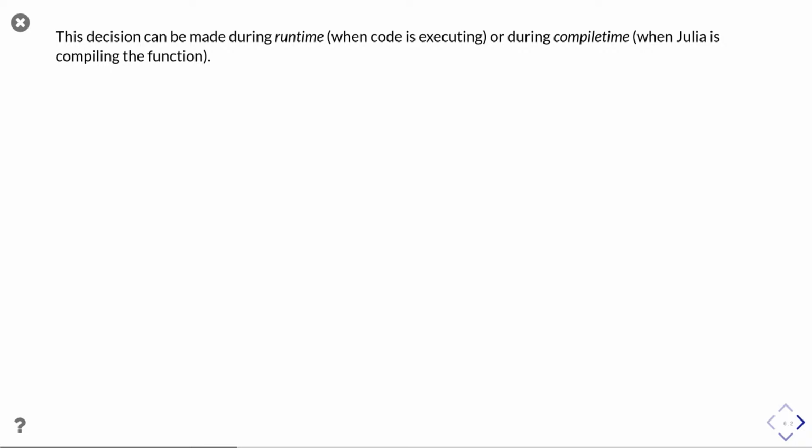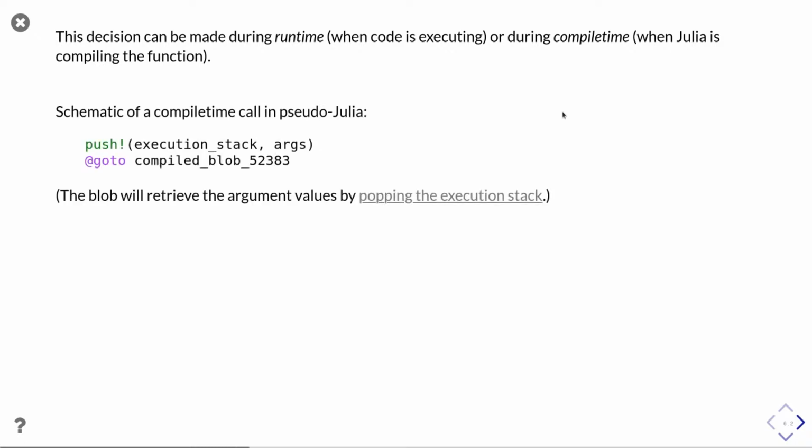And the process of deciding which method to call can be made at different times. And the extreme versions of this are either at runtime while your code is executing, or during compile time when Julia is compiling your function. And there's a certain sense in which the compiled version looks a little bit simpler. A schematic of how that process works in pseudo-Julia would be that it has to push the arguments onto the execution stack, which gets them ready in a form for the blob to pop them off and start processing them.